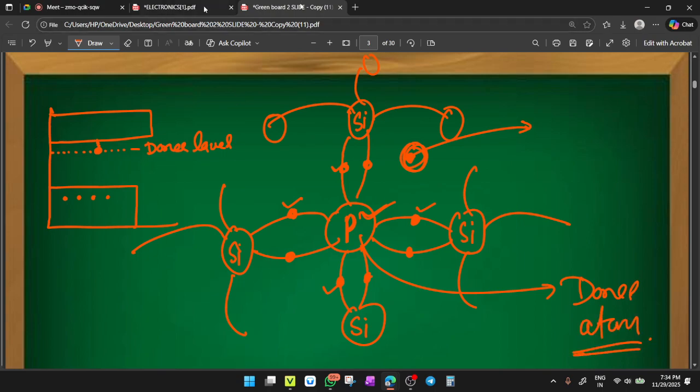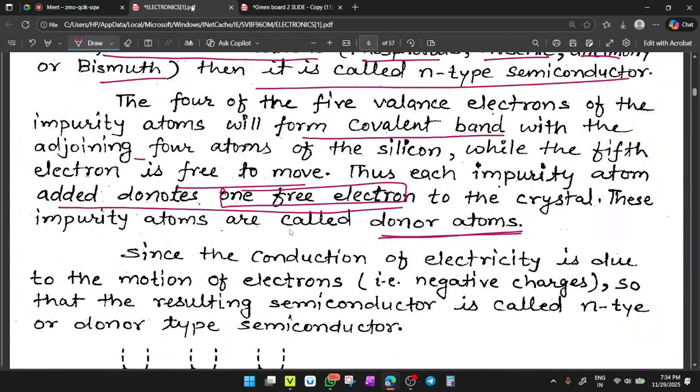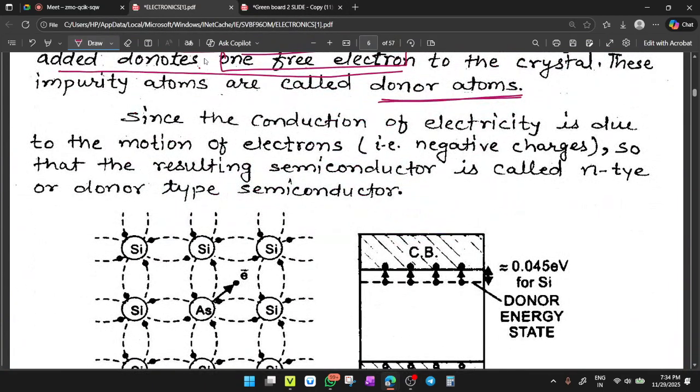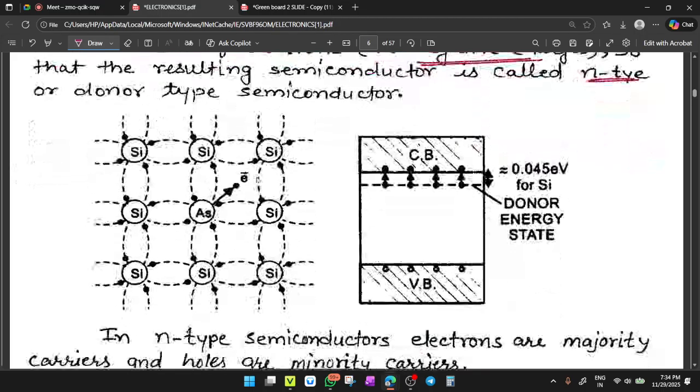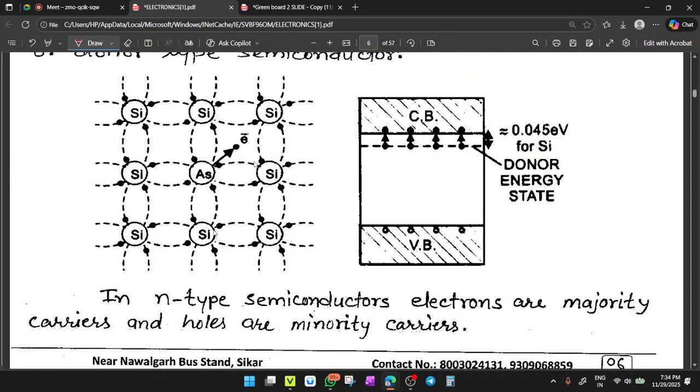Clear? Okay. Since the conduction of electricity is due to the motion of electrons, that is negative charges, the resulting semiconductor is called n-type semiconductor, because electrons, which are negative charges, are there in the conduction band. Okay, see here, this is a typical example of an n-type semiconductor.